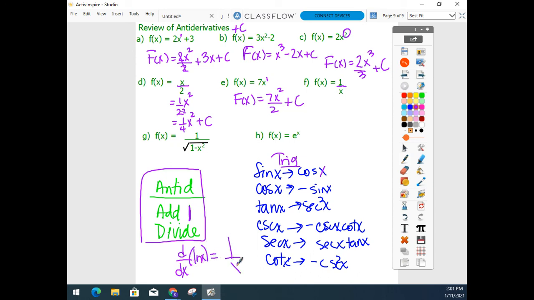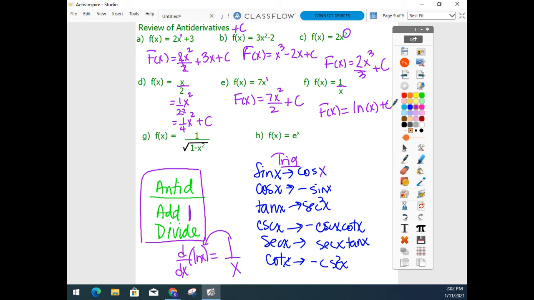Remember, the derivative of ln x is 1 over x. So does it make sense the antiderivative of 1 over x is ln x plus c. So really you've got to think almost backwards. What were these the derivative of?